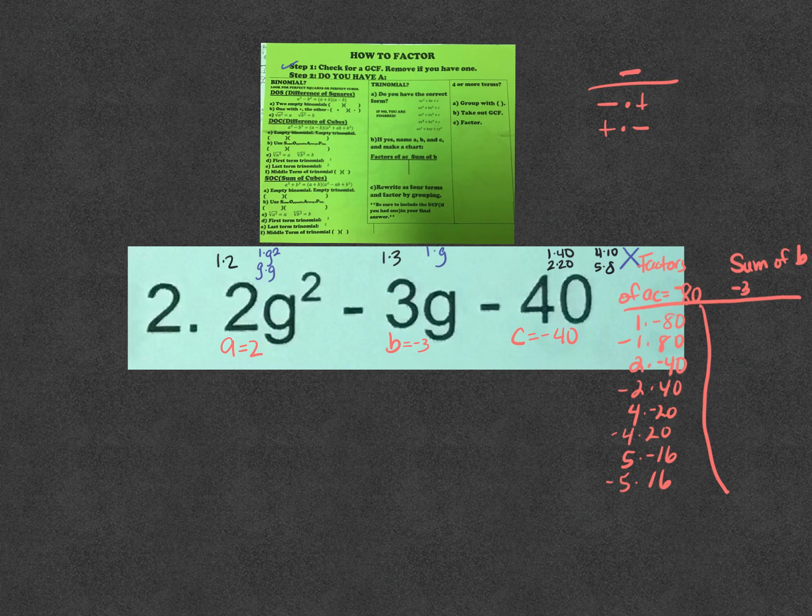If I did 80 divided by 6, that would give me a decimal, I think. Yes. 80 divided by 7, yes. 80 divided by 8 would be 8 times negative 10, or negative 8 times positive 10. And then 9 won't go, and 10 times 8.